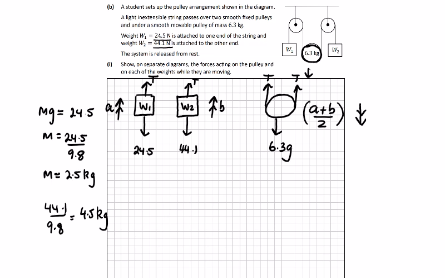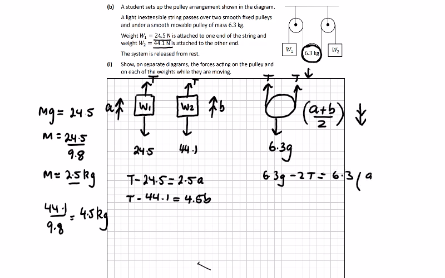We're asked to solve for T with part 2 here. They're the forces. So we have T minus 24.5 is equal to 2.5A. For the second one, we're going to have T minus 44.1 is equal to 4.5B. And for the 6.3, we're going to have 6.3G minus 2T is equal to 6.3 times the acceleration A plus B over 2.